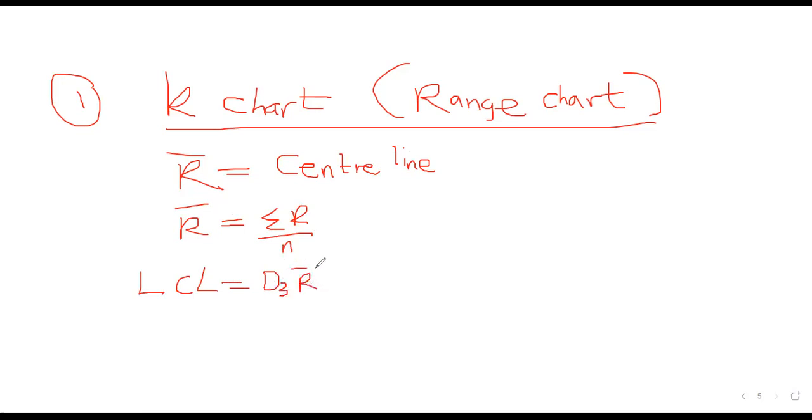The D3 is given in the statistical tables. LCL is the lower control limit.